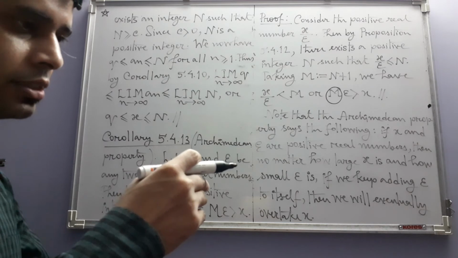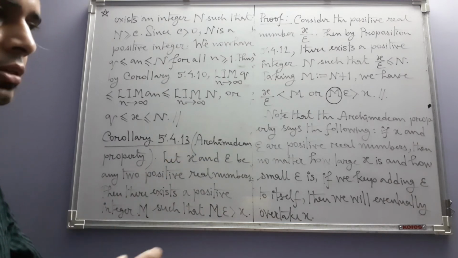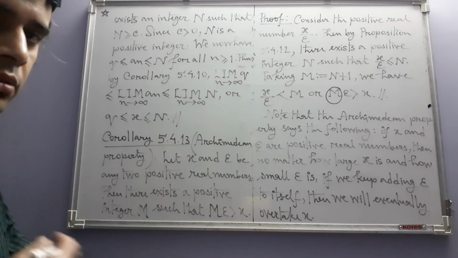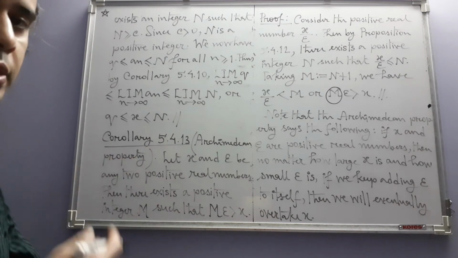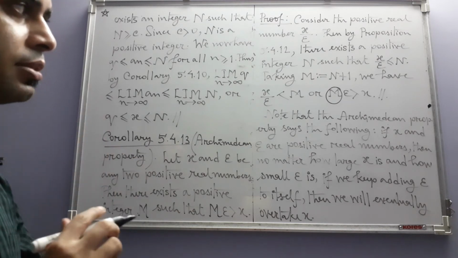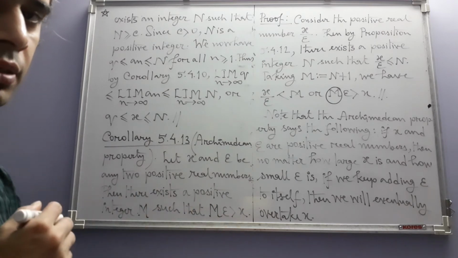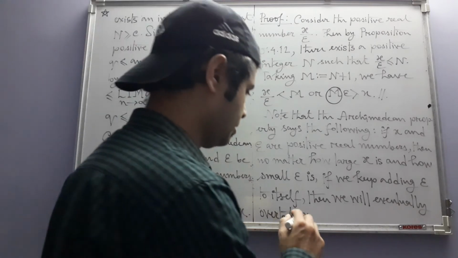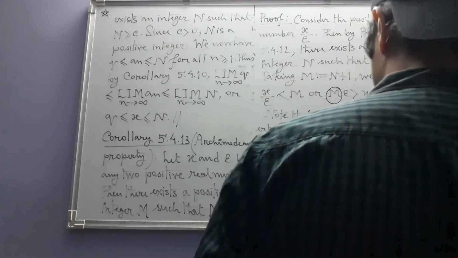So you just keep on adding epsilon, the results will accumulate, it will increase, the sum will keep on increasing, and at some stage the sum will exceed x, and it has important consequences.